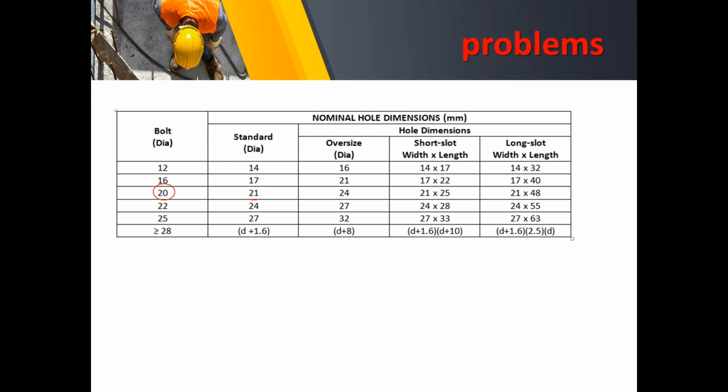Meaning the 20 millimeter diameter shall have a standard diameter of 21, and then all we have to do is add 1.6 millimeters to that standard diameter of the bolt. We can see that in this table provided by the National Structural Code of the Philippines 15th edition. So if we have a 20 millimeter diameter, the standard diameter is 21, we add 1.6, so we arrive at 22.6 millimeter effective hole width of the bolt.